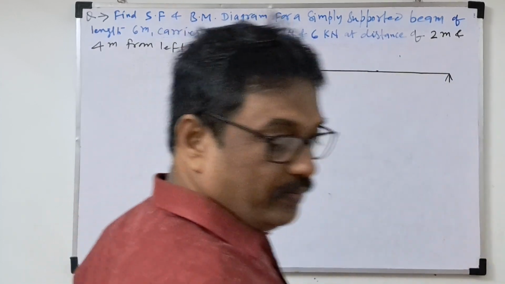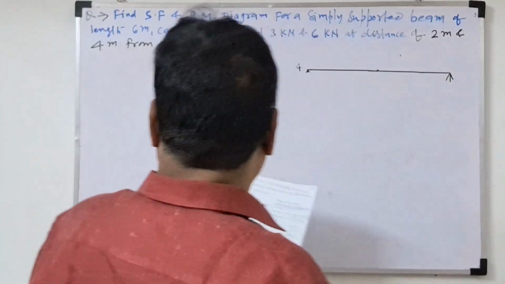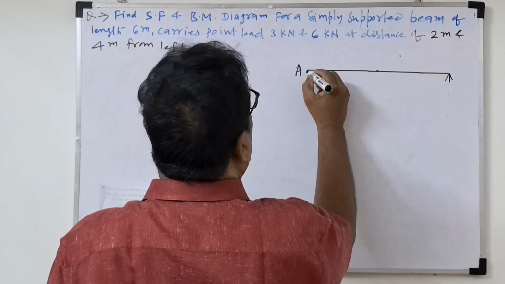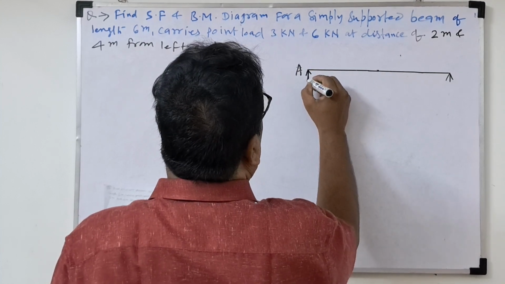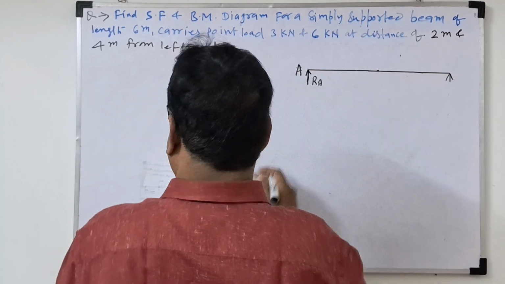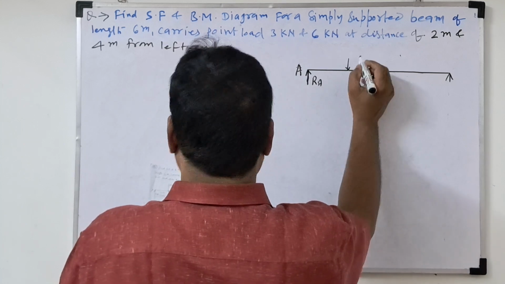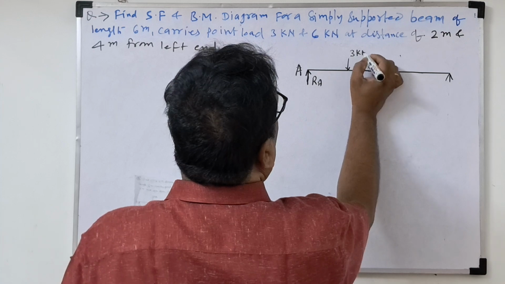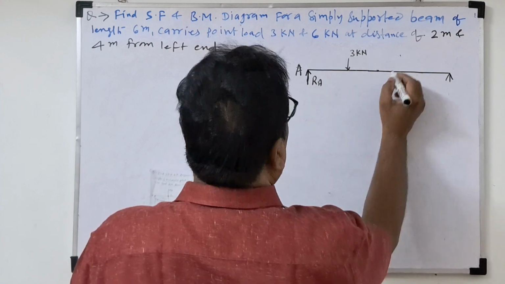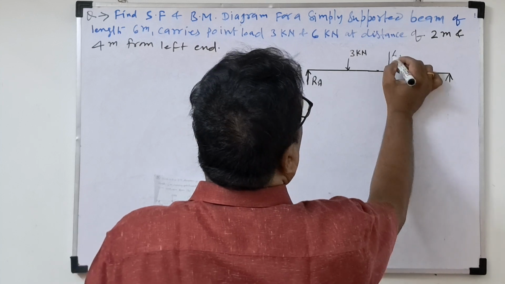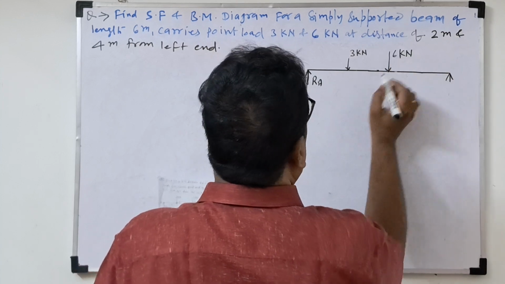So this is the given diagram. This is point A, and this will be RA. From 2 meter is the 3 kilonewton load they gave, and from 4 meter is the 6 kilonewton load.